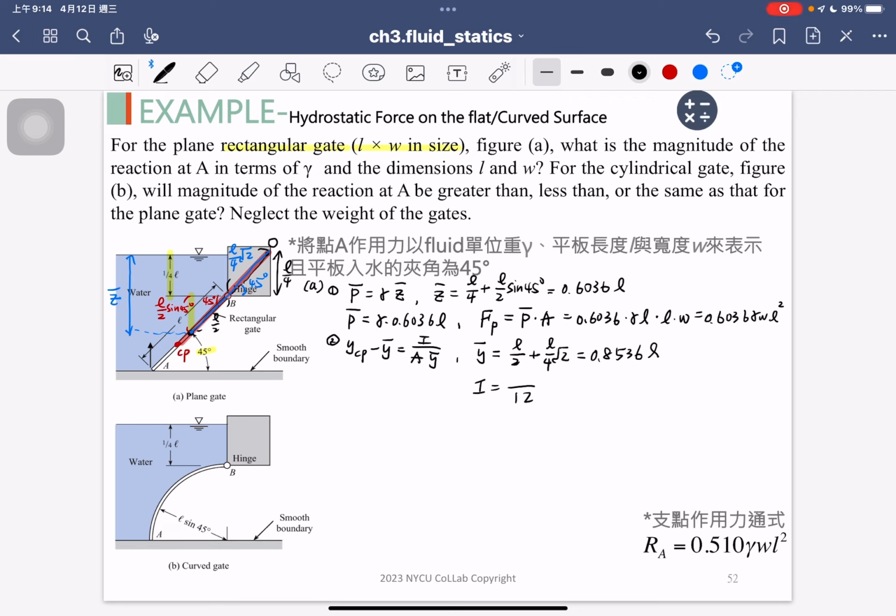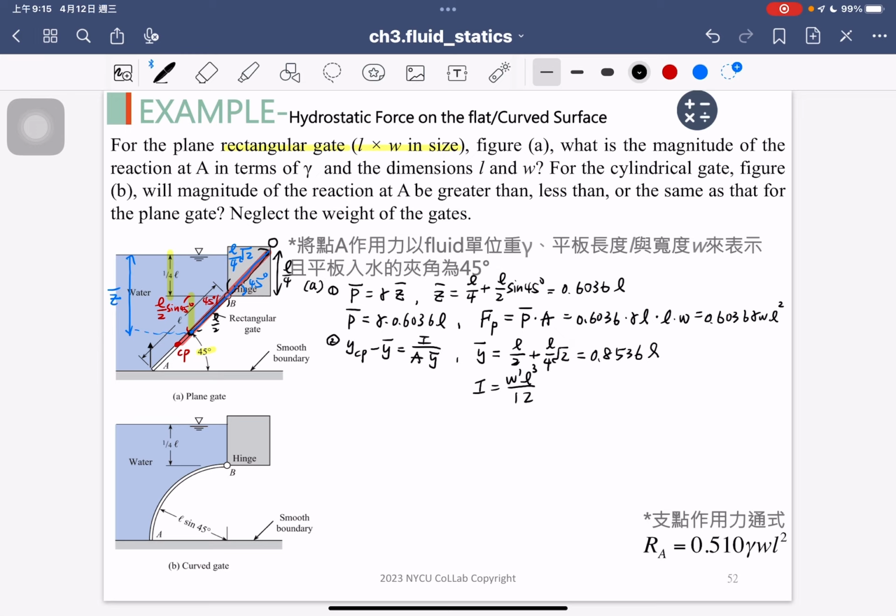So for the rotation axis, the length parallel to the rotating axis has the power of 1. But the length of the panel here is L, so it is L to the cubic power.